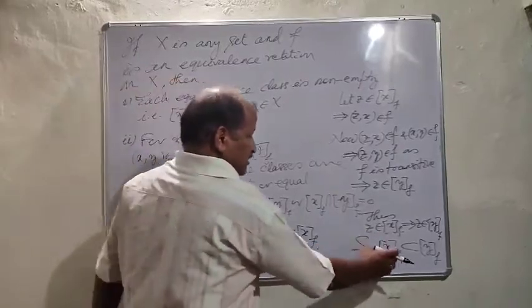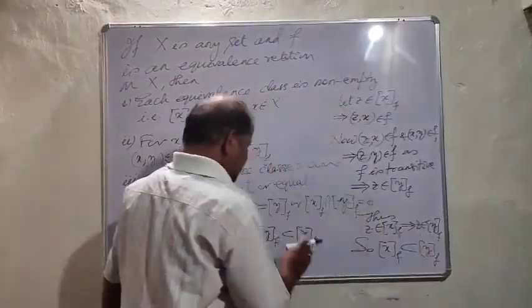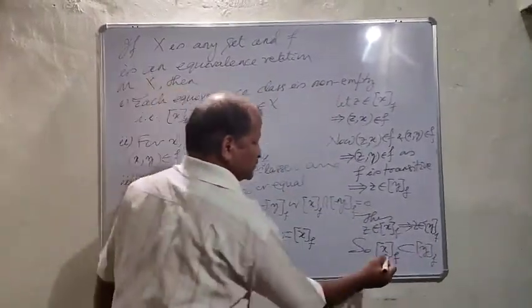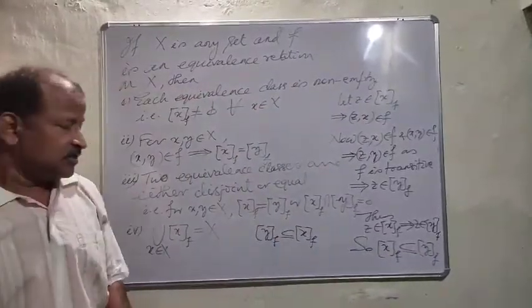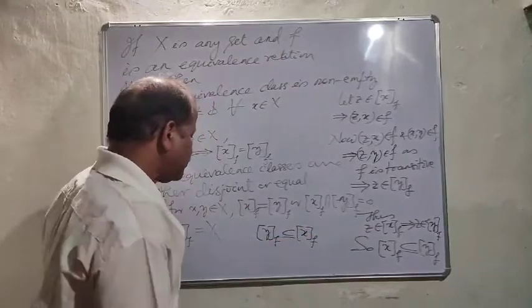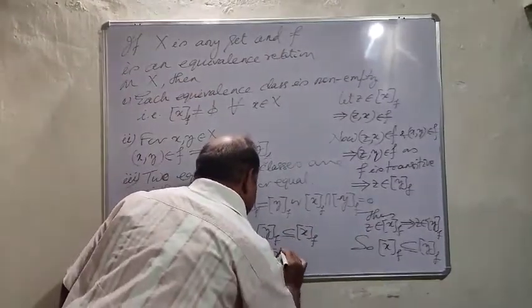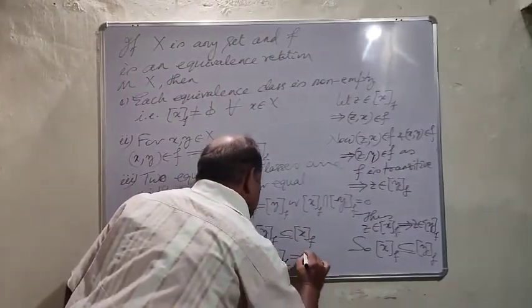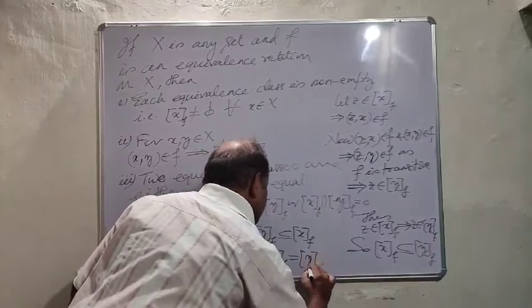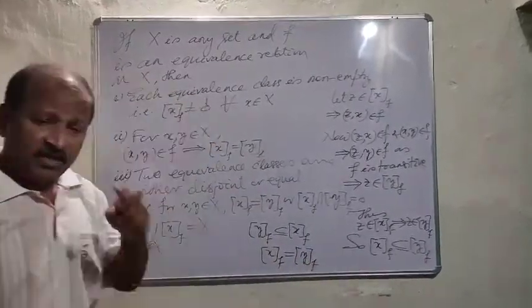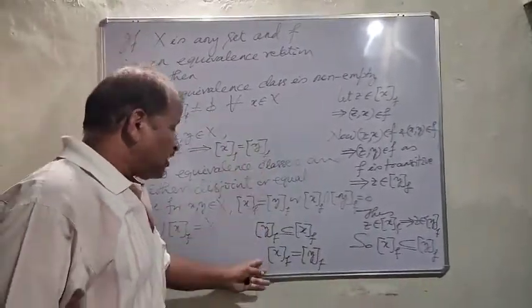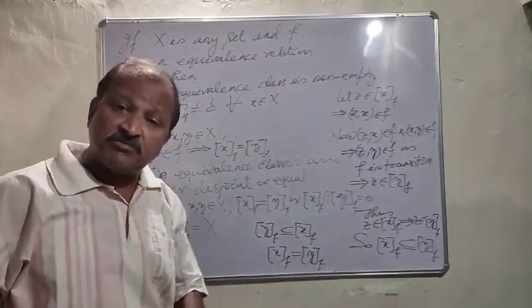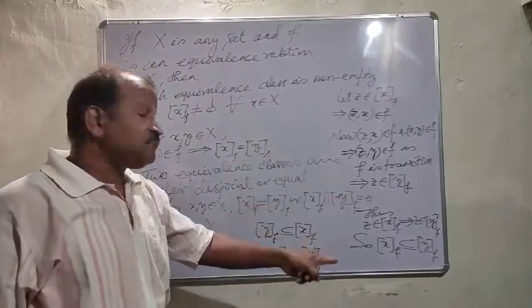Thus, it is a subset of this, and this is also a subset of this. So from these two, you can conclude that the equivalence class of X is equal to the equivalence class of Y. So when X is related to Y, the equivalence class of X must be equal to the equivalence class of Y, right?